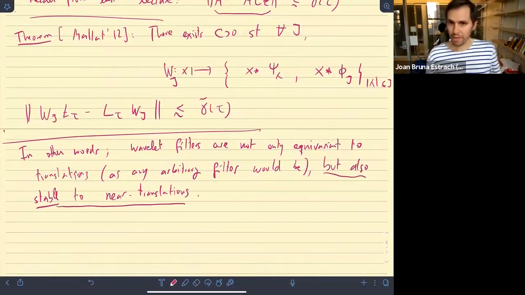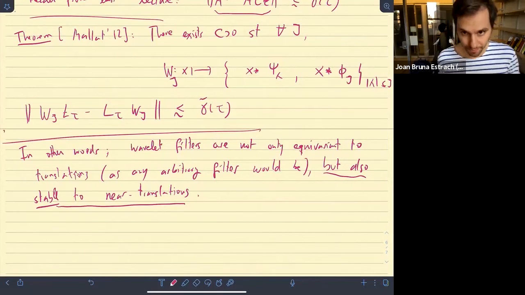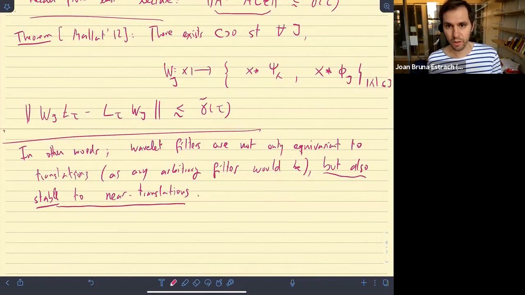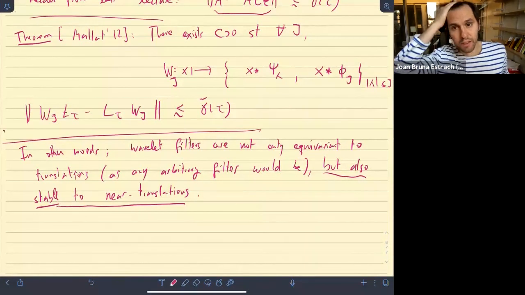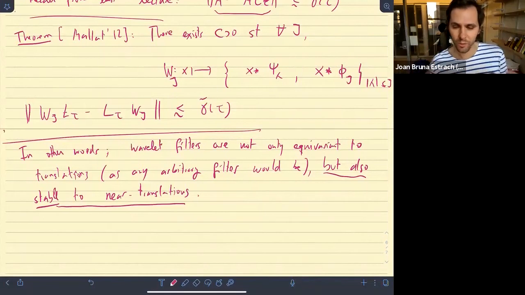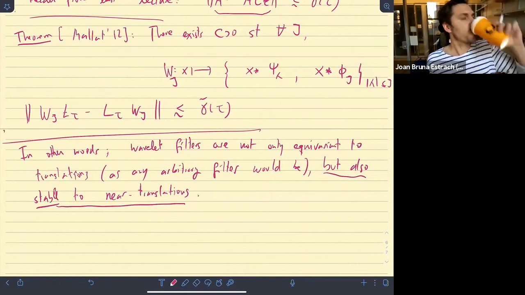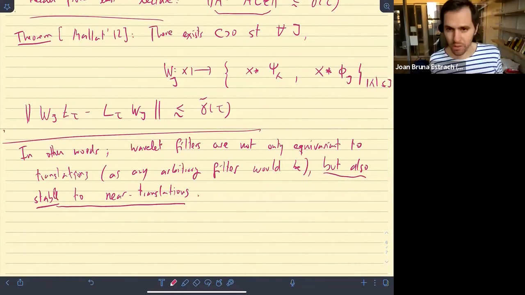Okay, and this is really the instrumental property that is leveraged by the scattering transforms, and also somehow underpins why we have this structure in convolutional neural networks, where the filters have localized spatial support. Any questions about this result?